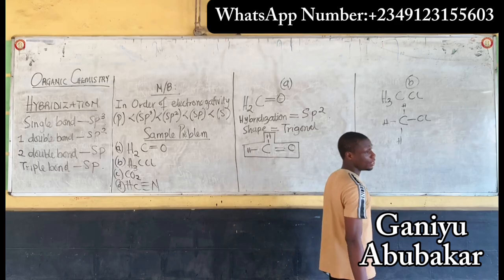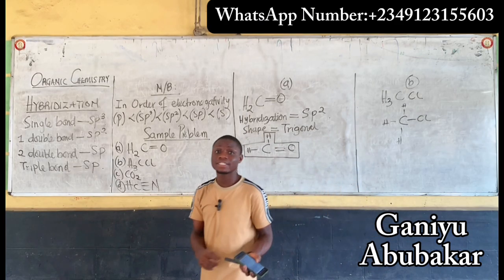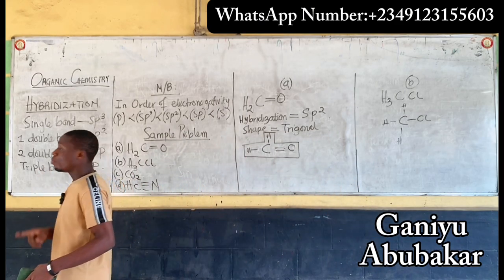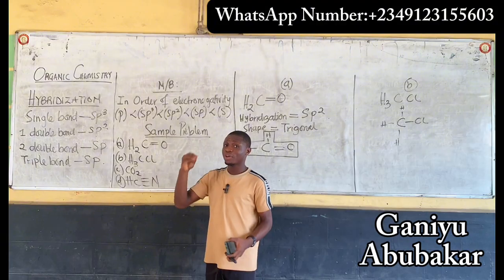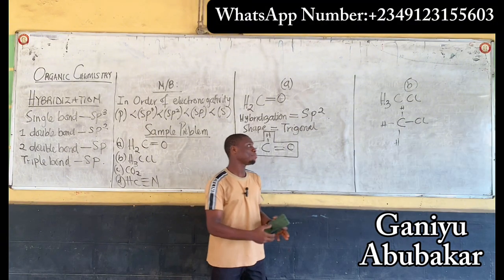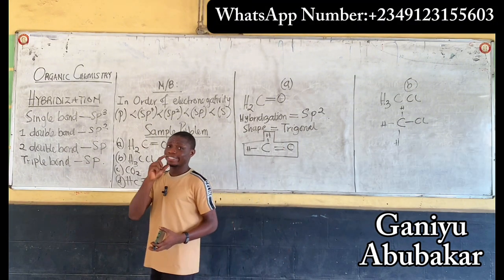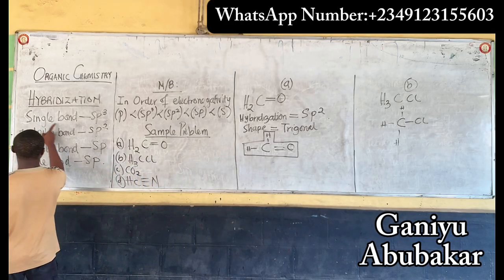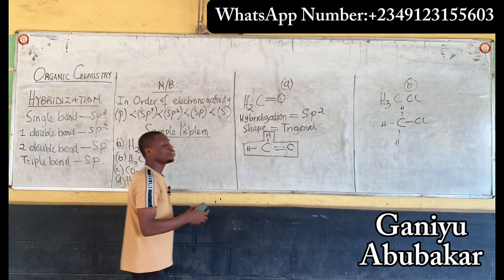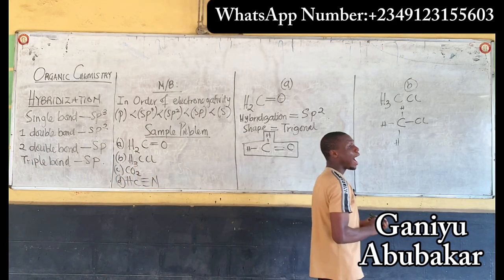That's an alkane. An alkane has a single bond. So I'm saying that this being an alkane has a single bond. So for a single bond, I have Sp cubed as the hybridization.